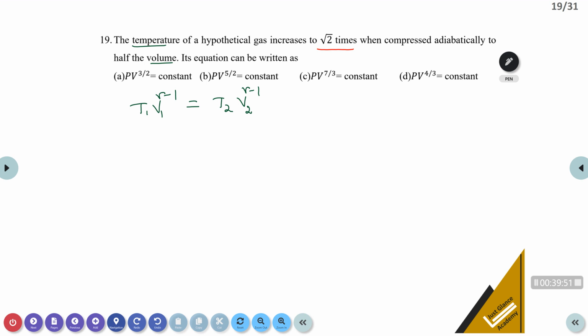Now T1 divided by T2 equal to V2 by V1 raised to gamma minus 1. We know this. Here the temperature increases to T2 equal to square root of 2 times T1.